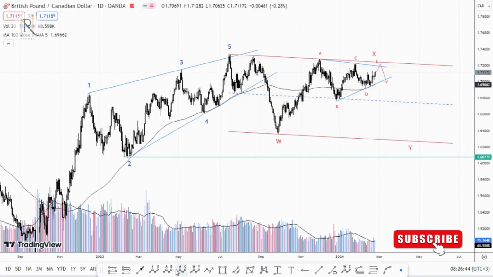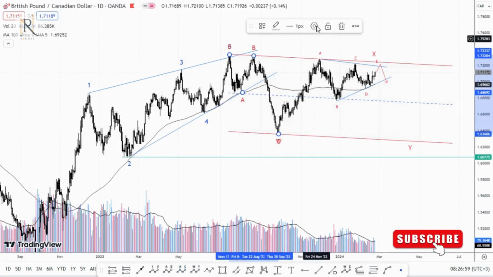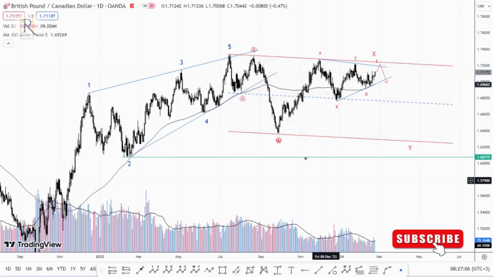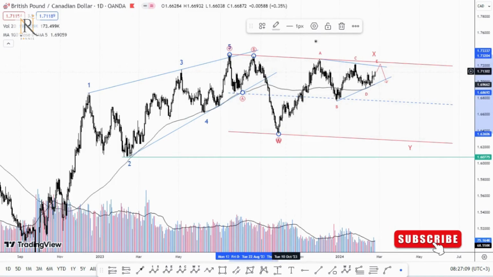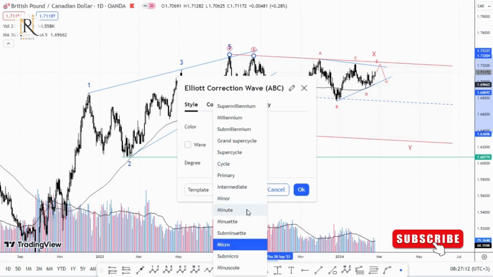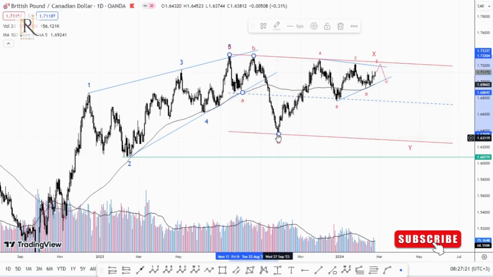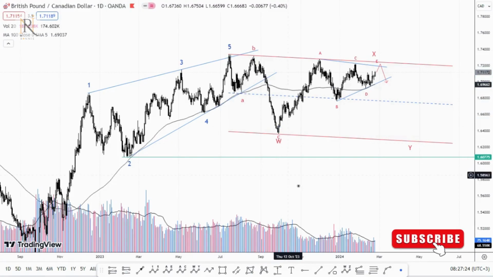So if you look at this keenly, you will realize that this wave W, when I talked of wave WXY, I said in my previous post that this is the first important wave, that is wave ABC.